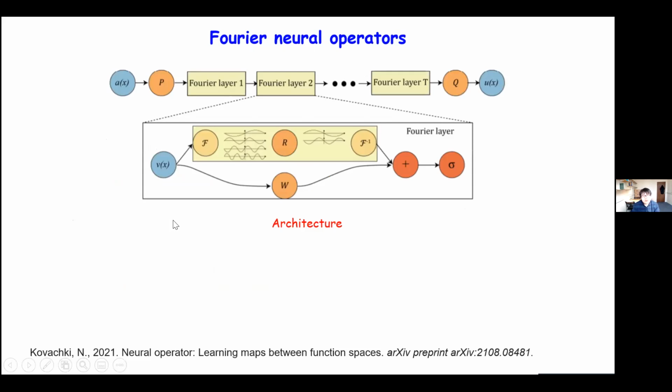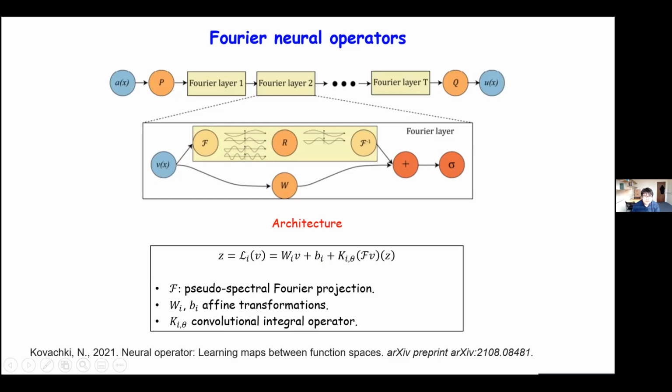What a Fourier neural operator does is, given an input V, we first do a pseudo-spectral Fourier projection of this V using this F operator to project it into some Fourier basis.